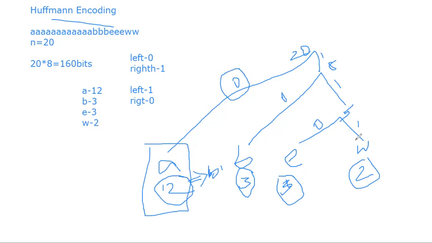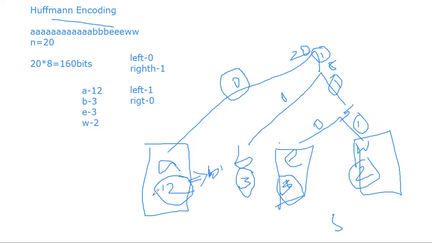W has the lowest frequency, just 2, and it has 3 bits to get called. E is also somewhat low compared to 12, and it also has 3 bits, 1, 1 and 0. B has 2 bits, 1 and 0.